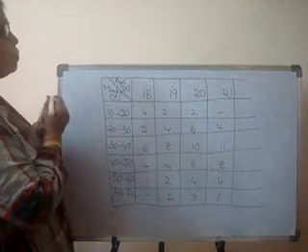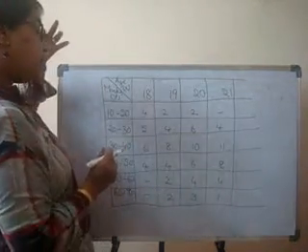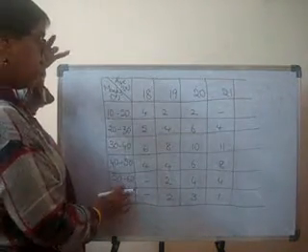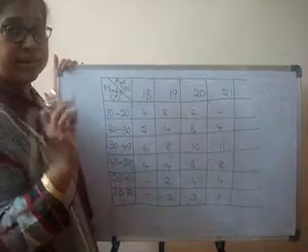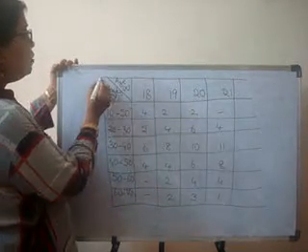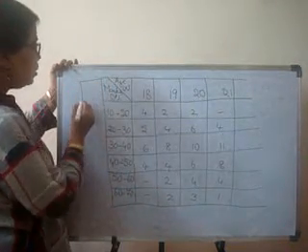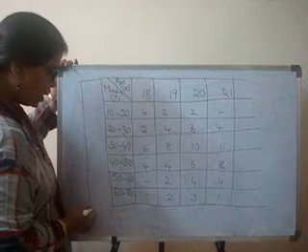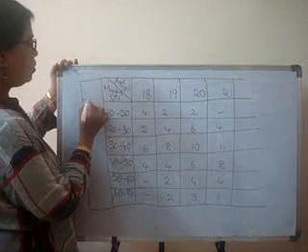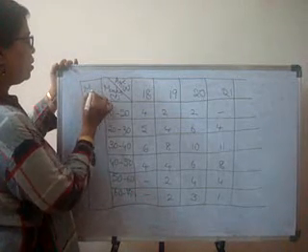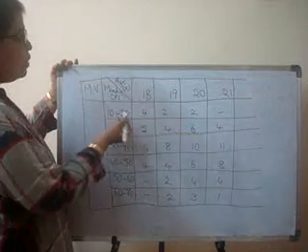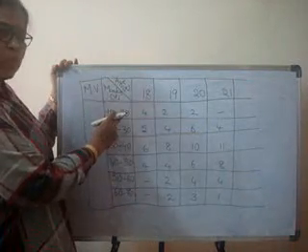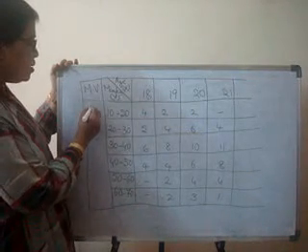Now, to proceed with the problem, we have to make this into simple digits. How do we make it? First we find out the mid values. The middle value of 10 to 20 is 10 plus 20 divided by 2, which is 15.